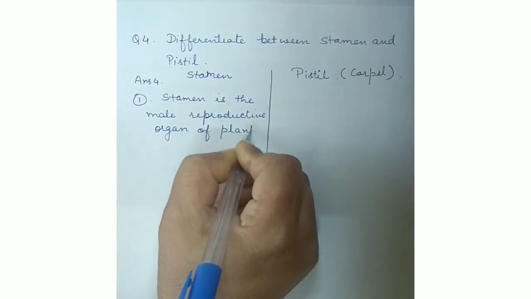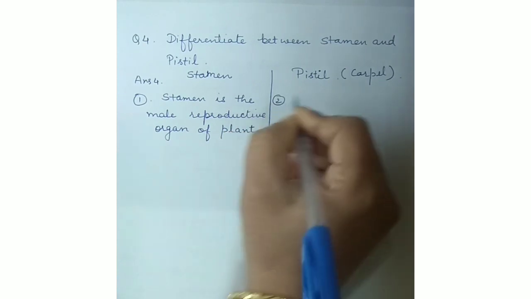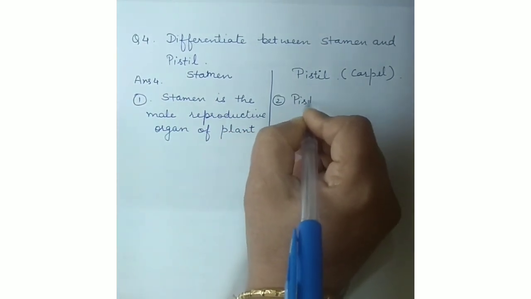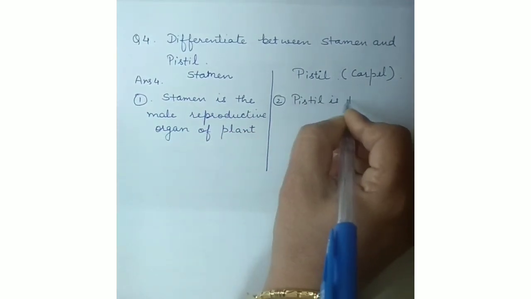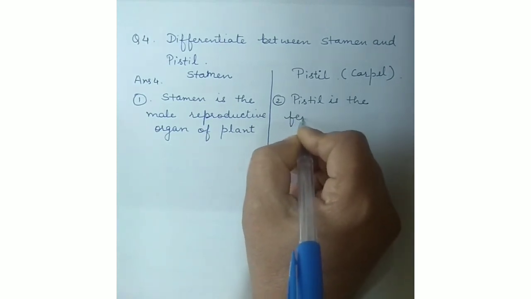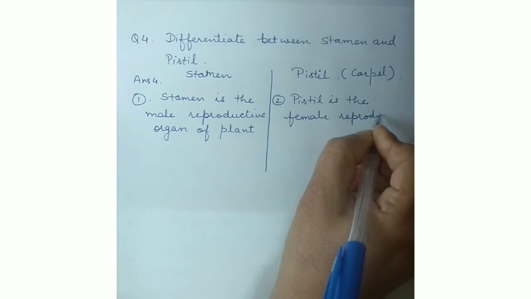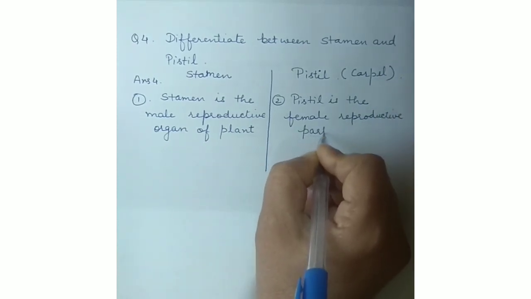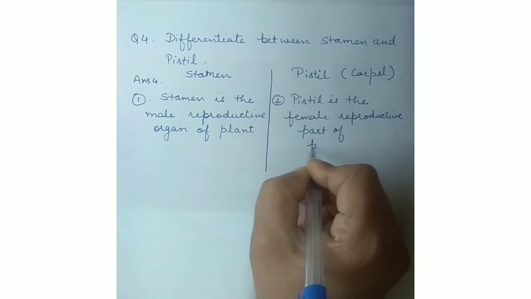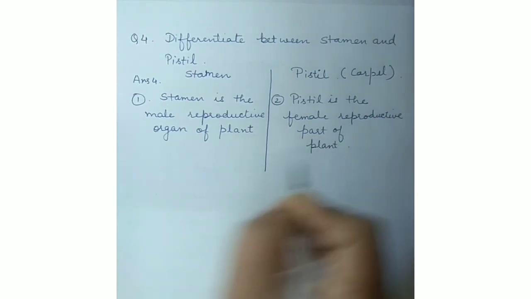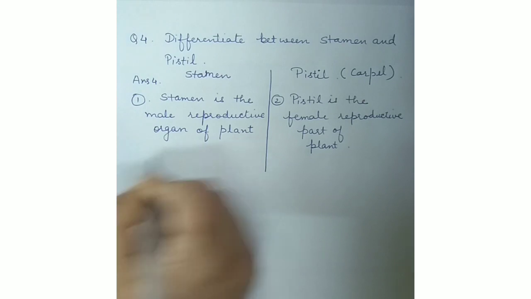Okay, and whereas pistil is the female reproductive part of plant. Okay, next point.